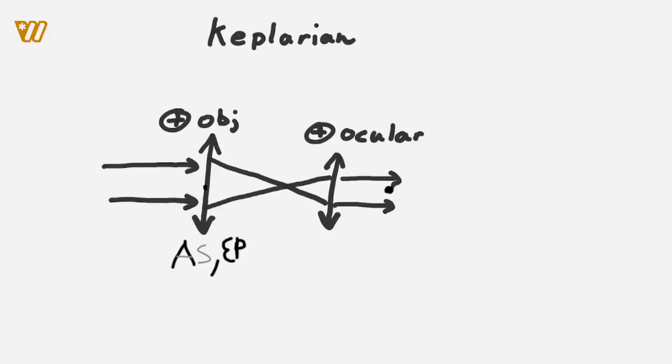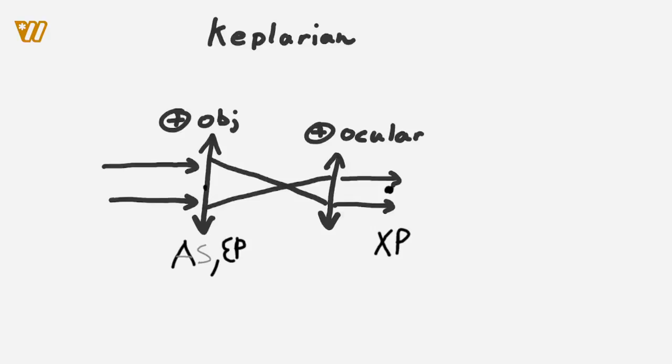So that's why you get an exit pupil behind the telescope in a Keplerian telescope. Key points: aperture stop, entrance pupil, objective lens. The exit pupil is located outside the telescope in free space, behind the ocular lens.